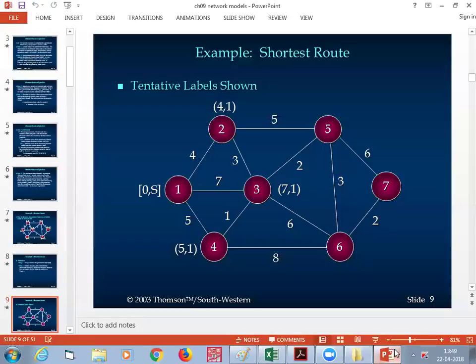Now, how should we go about this? Well, basically, I have to choose a path. So I have to select some of the arrows. Yes or no? So I'll put x equals 1 if it's selected, 0 if it's not selected. And the point is, I have to choose one of the arcs from 1, and one of the arcs has to enter 7.